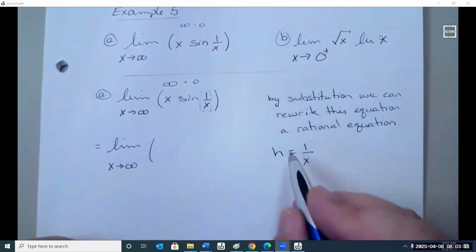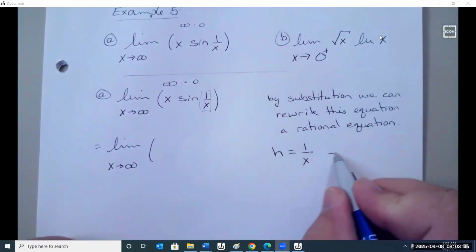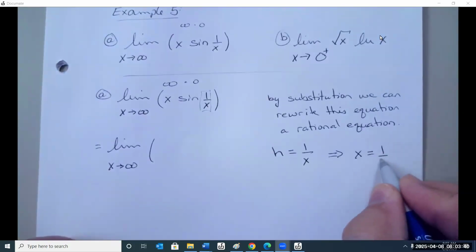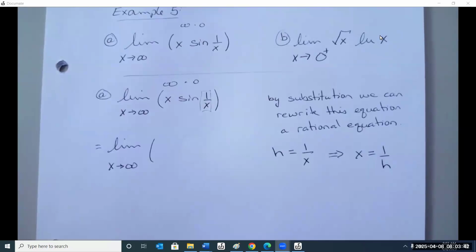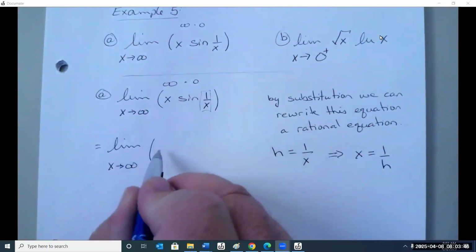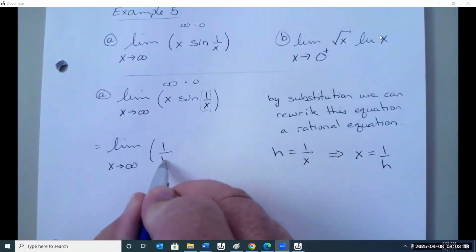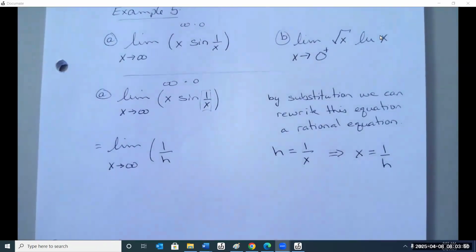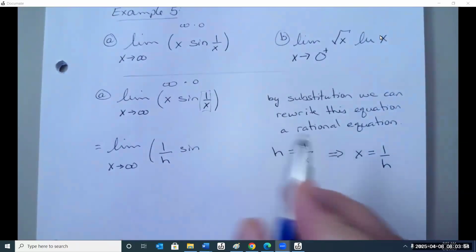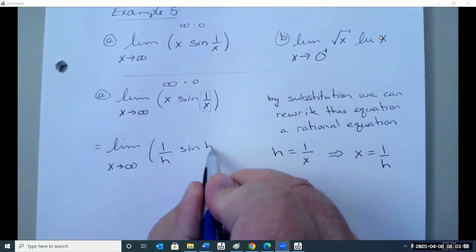What is x? If h equals 1 over x, then x is equal to 1 over h. So this x can be written as 1 over h. And sine 1 over x is sine h.